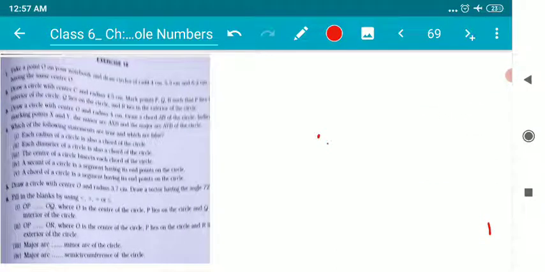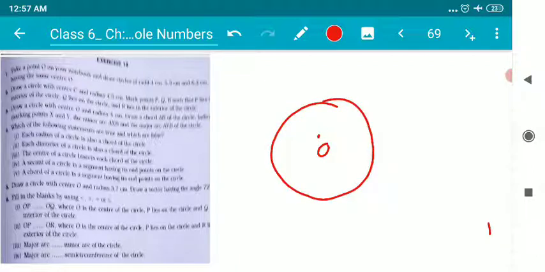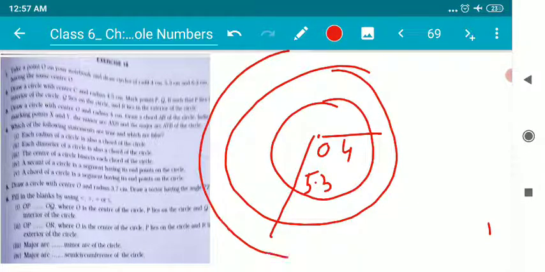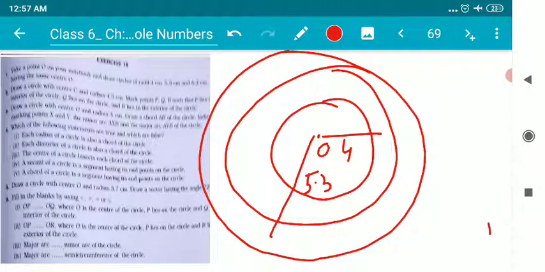Suppose this is O, so it's a circle of radius 4 centimeter. Another circle of radius 5.3 centimeter, and I'll draw one more circle of radius 6.2 centimeter. So my job is done.